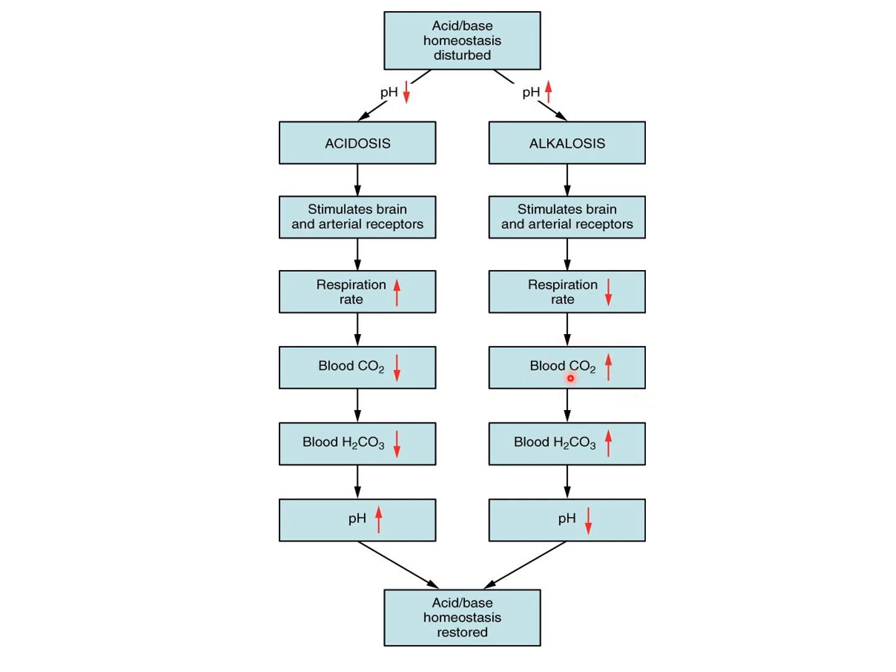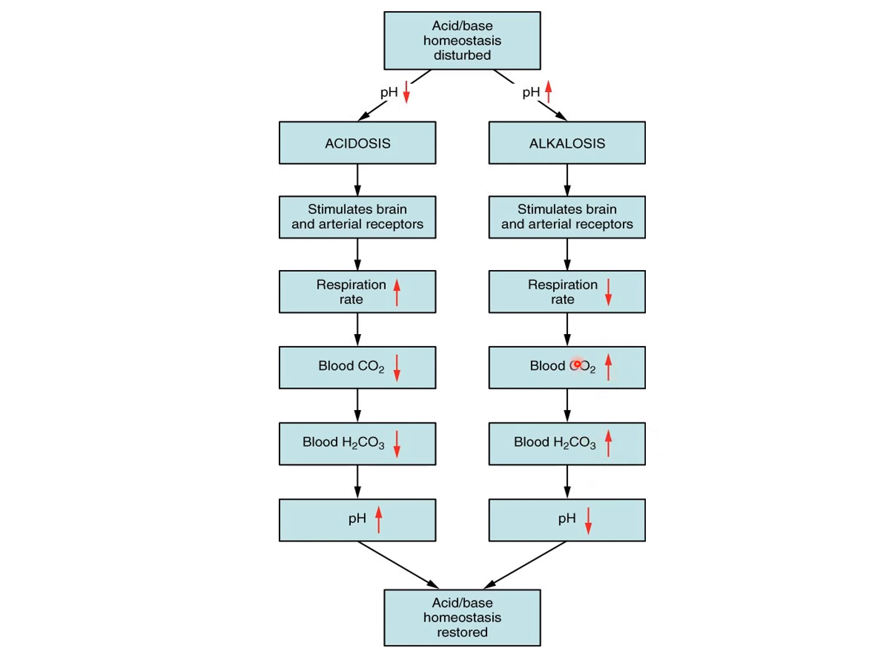An increase in the level of carbon dioxide in the blood will tend to promote the formation of a higher level of carbonic acid. So as we have earlier seen in our equation, the carbon dioxide will tend to combine with water in order to form carbonic acid.